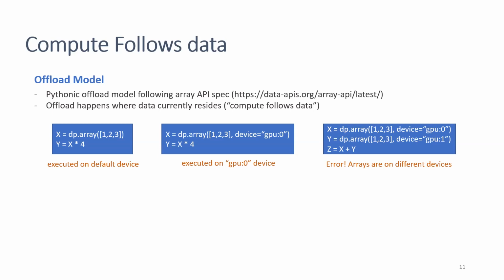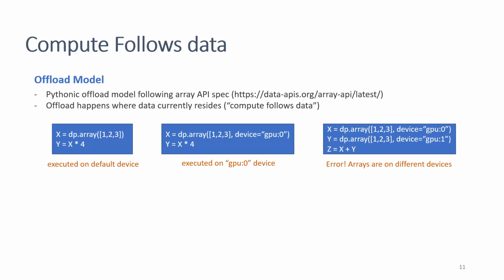The compute follows data programming model is a Python way to specify on what device a computational kernel executes. The programming model is based on the notion of where the computation is taking place on the device and where the memory was actually allocated. So all the data movement across devices, or between the host and the device, is to be explicitly specified by the user in compute follows data.